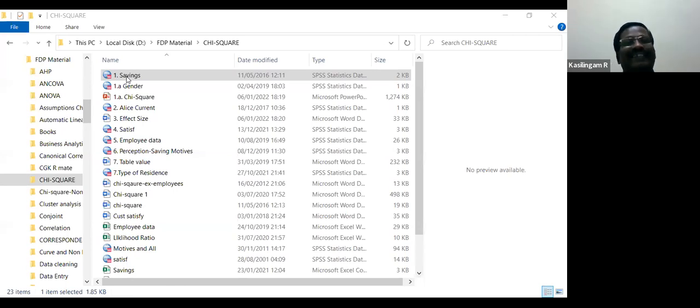Then second, when variable 1 is category, variable 2 is metric, then you have to use ANOVA. Then another combination is metric. When both variables are metric, then you have to use correlation.